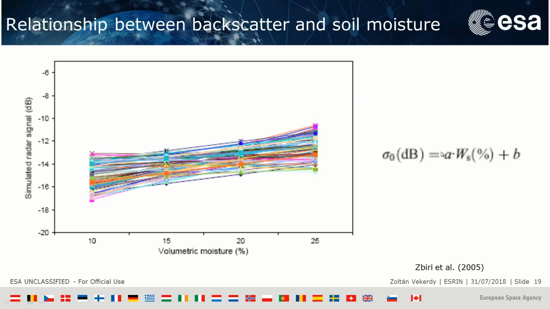So this simple linear relation, which is there, and if you look at this, these are measurements of soil moisture versus backscatter of test areas with different soil properties. So that's why you have a bunch of lines, but all of them show a relatively pronounced and reasonably linear relation to the backscatter.